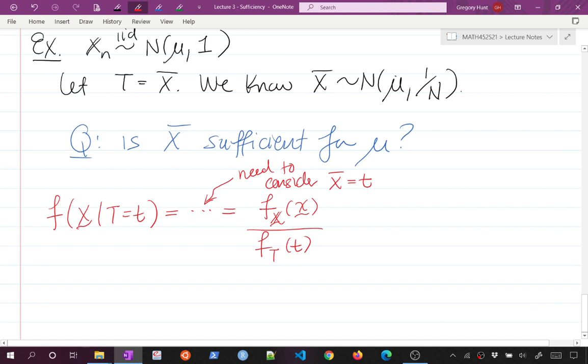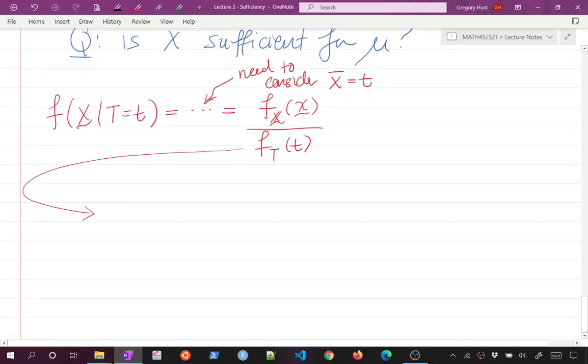So we look at the ratio of f of x, the joint distribution of the data, over the marginal distribution of the statistic. Don't worry, we're going to summarize this all, and we won't have to do these tedious calculations for homework, but it's good to see them a couple times. Then you'll appreciate the theorem that makes this a lot easier.